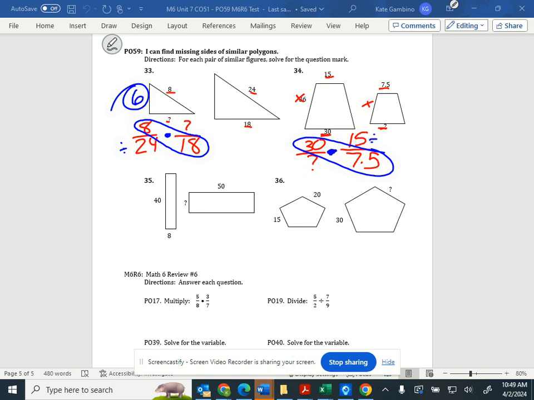So 30 times 7.5 divided by 15 gives me 15 for an answer. For this one, I needed to do the short side over the short side. Remember, we can turn your rectangle, match up your corresponding sides. So short over short, long over long.